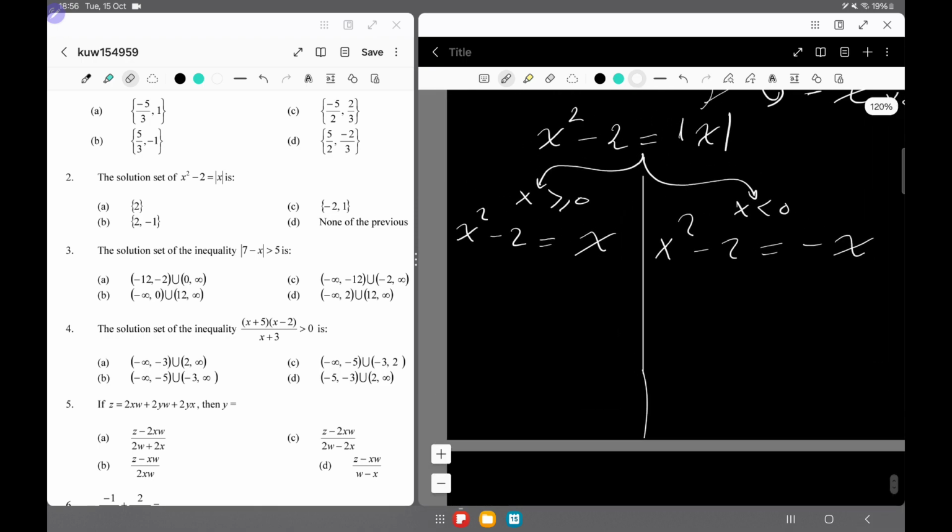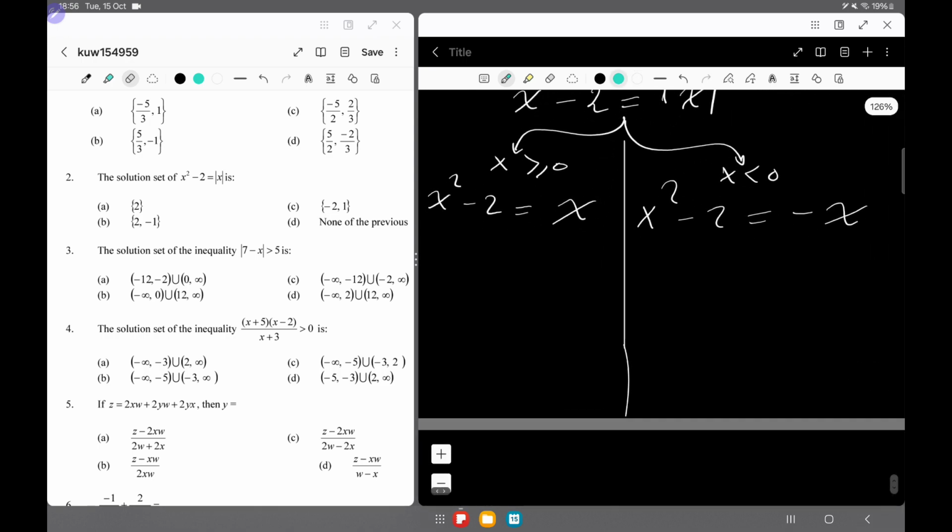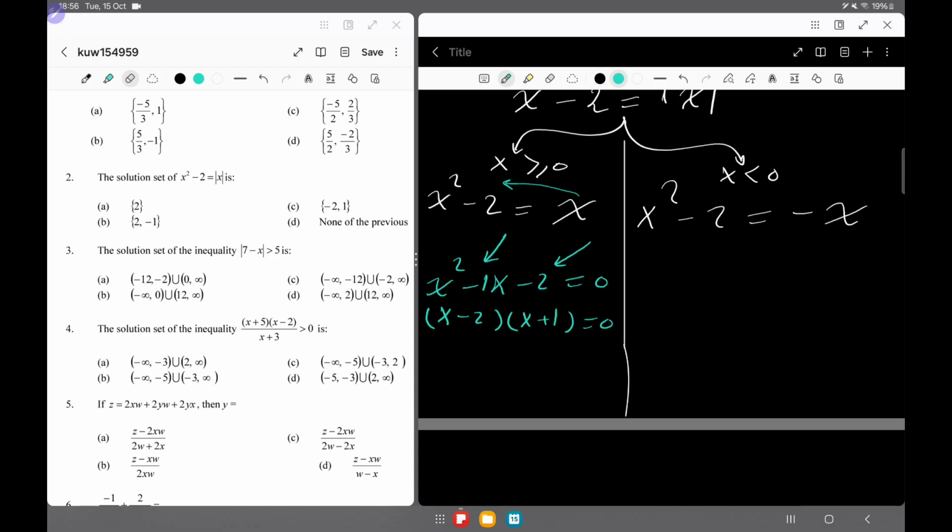So we will find the equation. We shift this to the first side: x squared minus x minus 2 equals 0. We have to factor this one: two numbers whose multiplication is negative 2 and adding is negative 1. It is (x minus 2)(x plus 1).